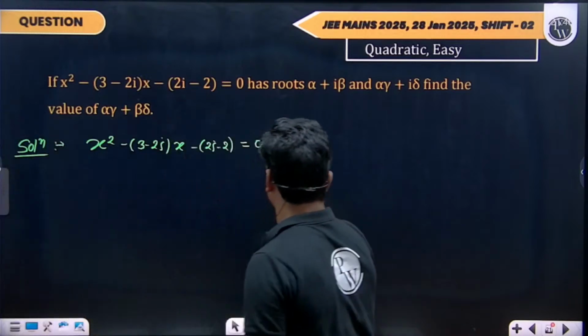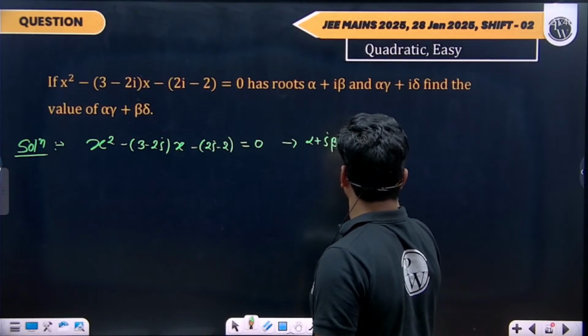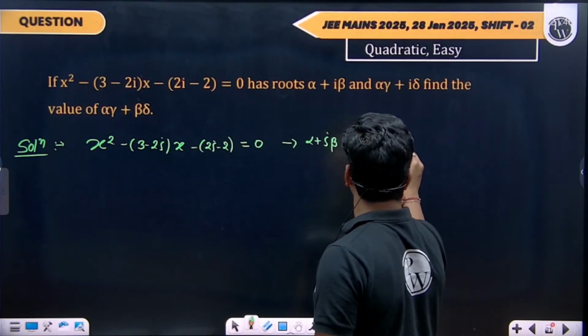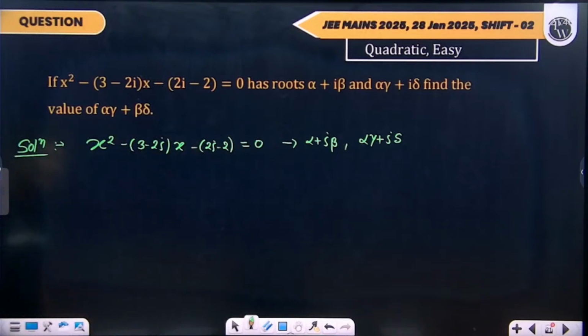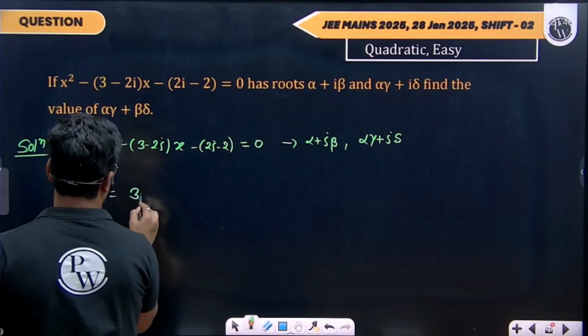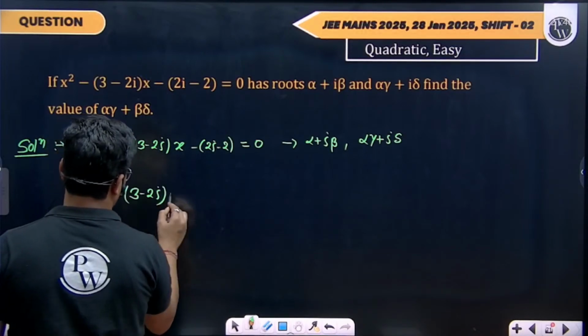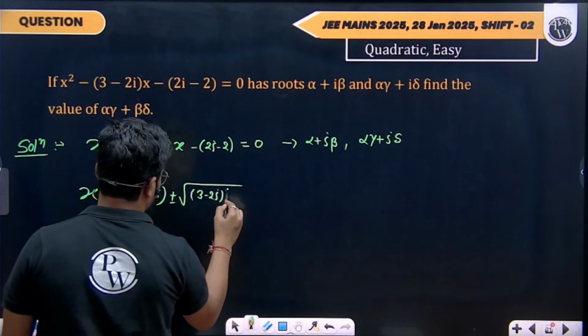We have the roots as alpha plus iota beta, and the second root is gamma plus iota delta. Now we have to find the roots of the given quadratic equation, which will be minus b plus minus root of b square minus 4ac.